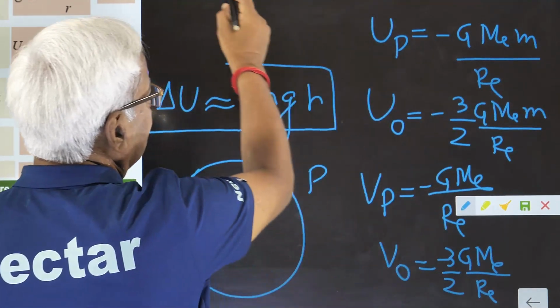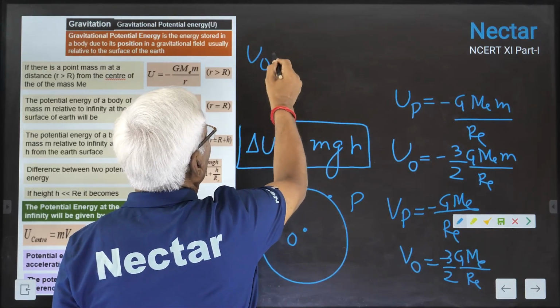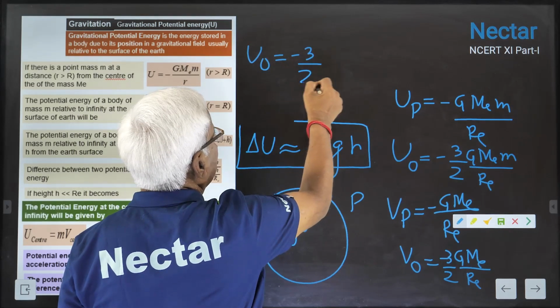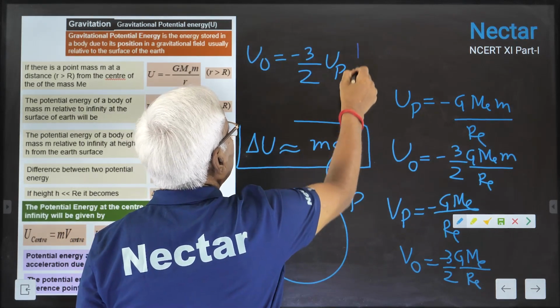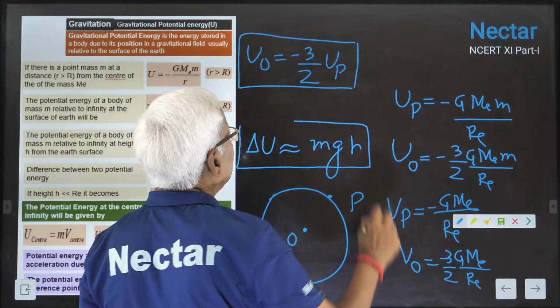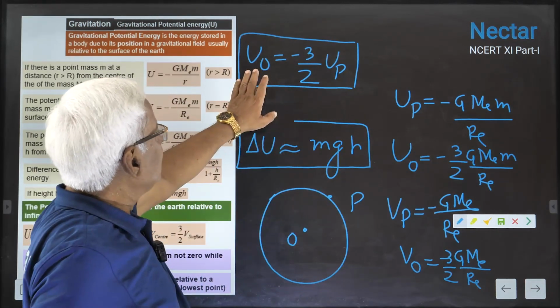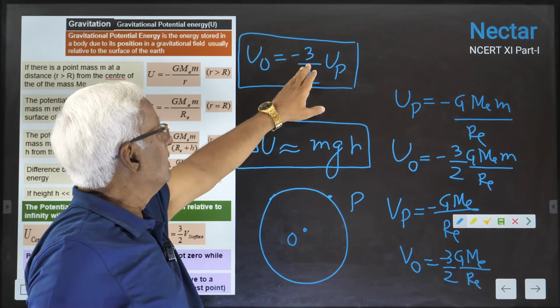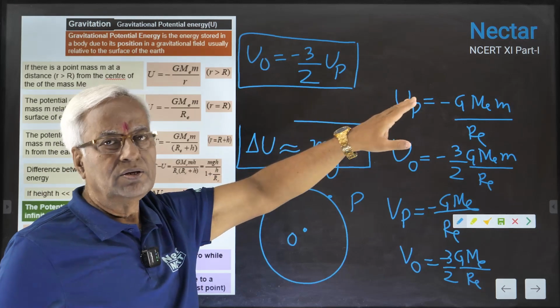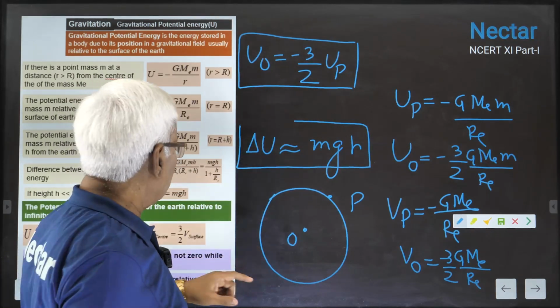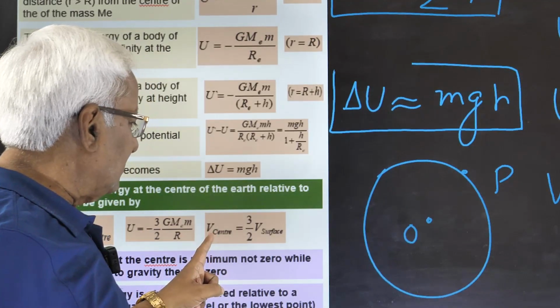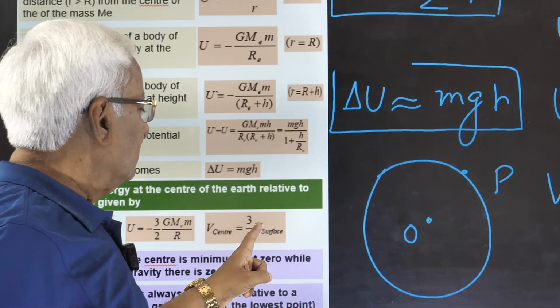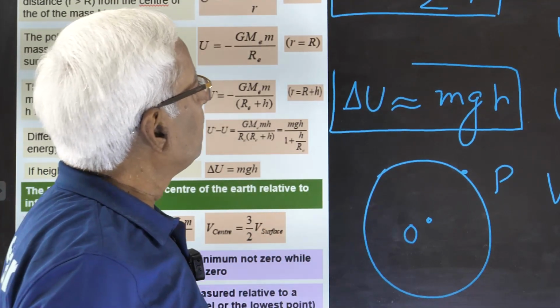So what is the result? This UO is 3 by 2 UP. What does it mean? The potential energy at the center of the earth is 3 by 2 times that on the surface. Similarly, the potential at the center is 3 by 2 times the potential at the surface.